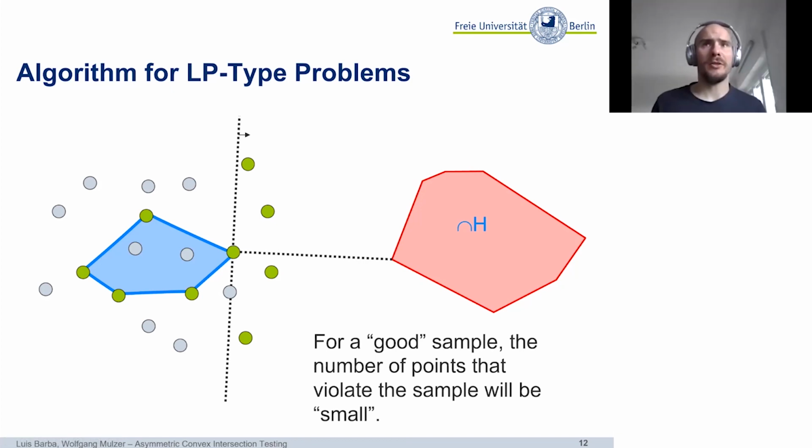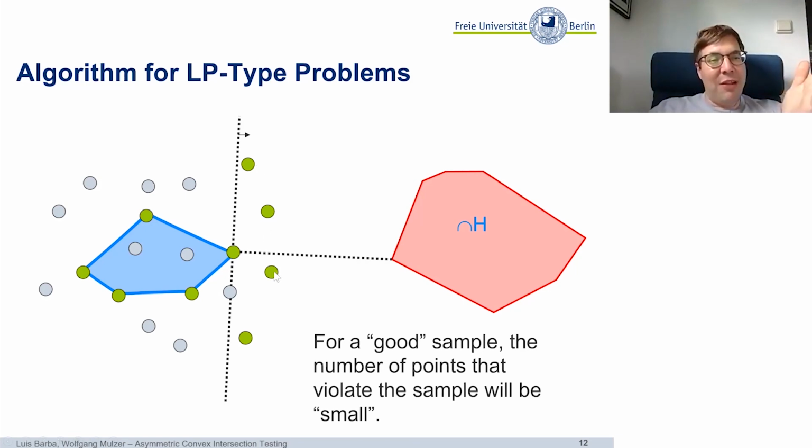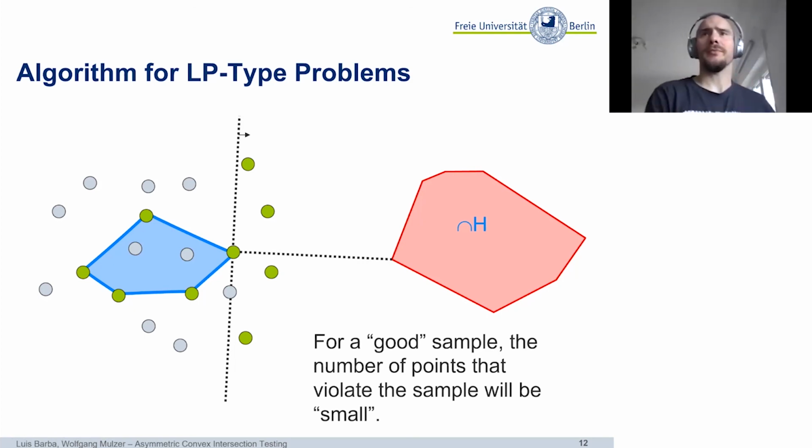I don't take a random sample of the violators; I take all of them, and then I use this epsilon net theory to show that there will not be too many. You have to balance the size of the sample. You have to make the sample large enough so that you don't add too many points in each step, but small enough so that the recurrence works out. The magic of that I did not quite explain.